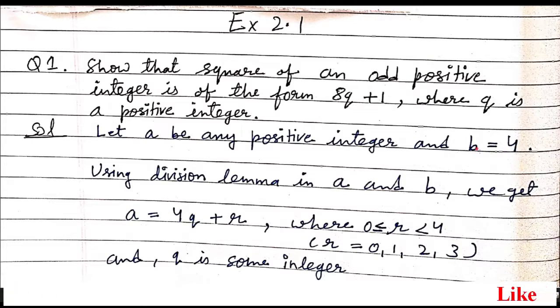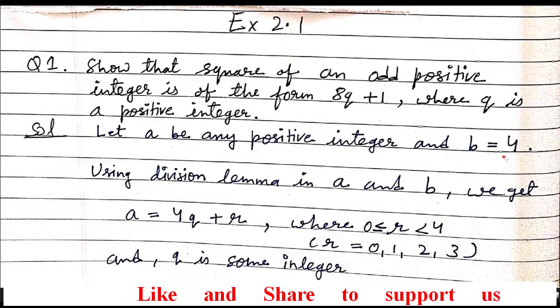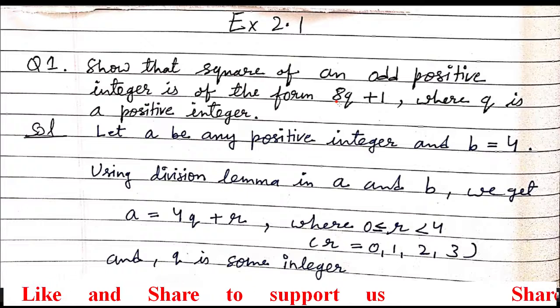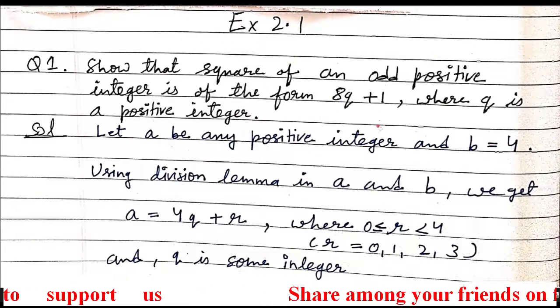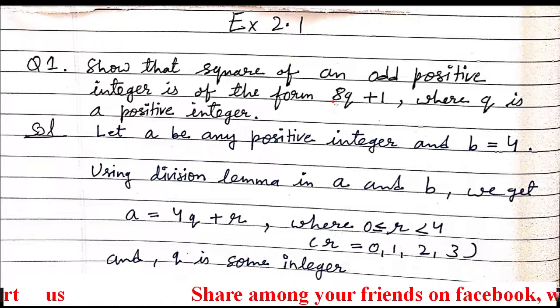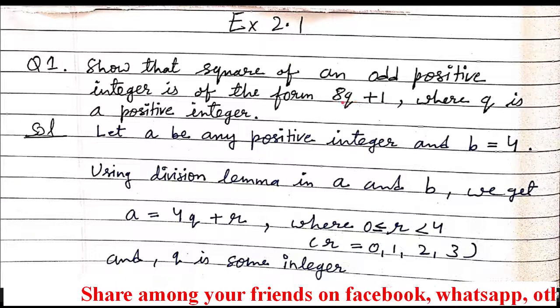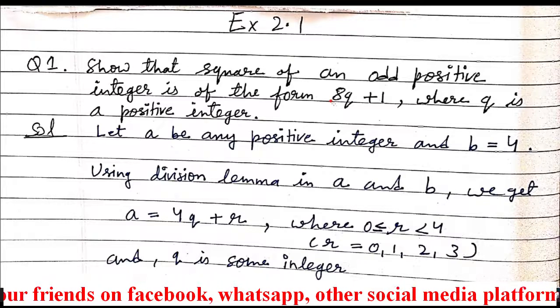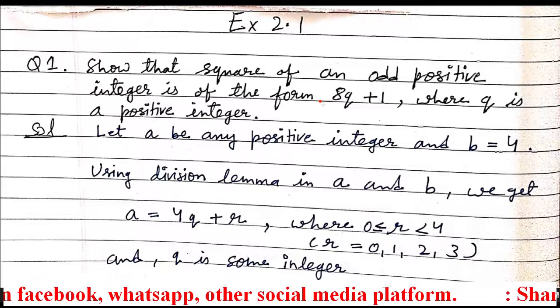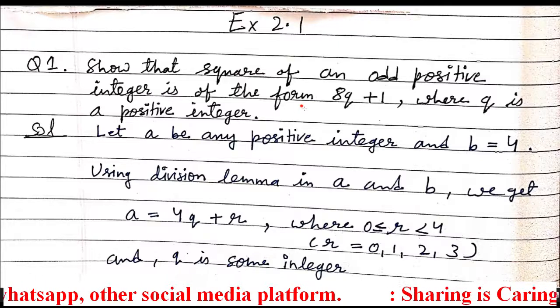Now here, students, we have to select what is going to be b, that is our divisor. Since 8 is there, the selection should be very clear to you, because we have to bring it in the form of 8q plus 1. So we are going to find the numbers which divide 8. The numbers which divide 8 are 2 or 4.